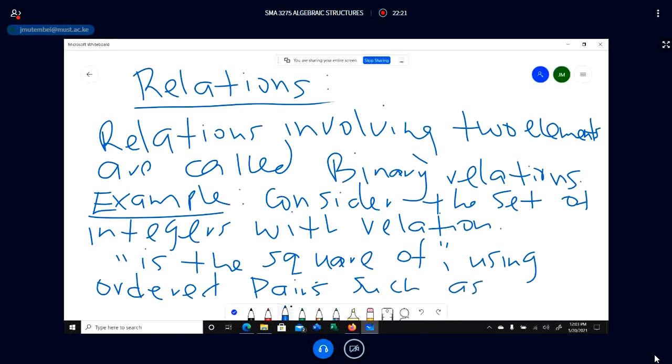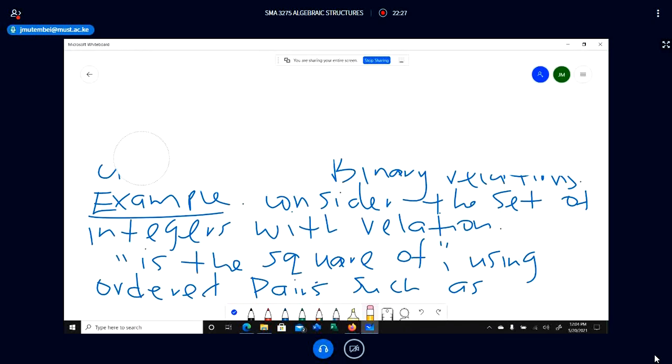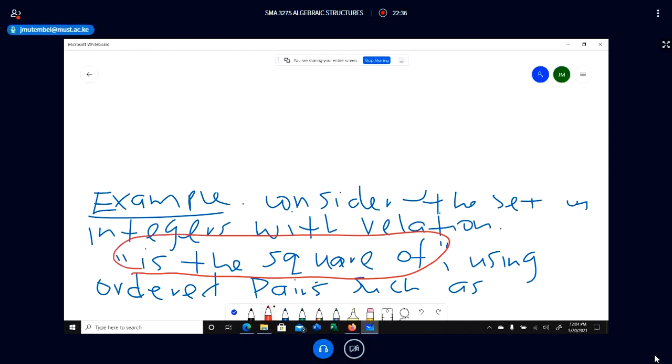now if you were to represent that relation in ordered pairs of this kind, then we have this. The relation is the square of. So in ordered pairs, we shall have pairs like this, like 4, 2. 4 is the square of 2.